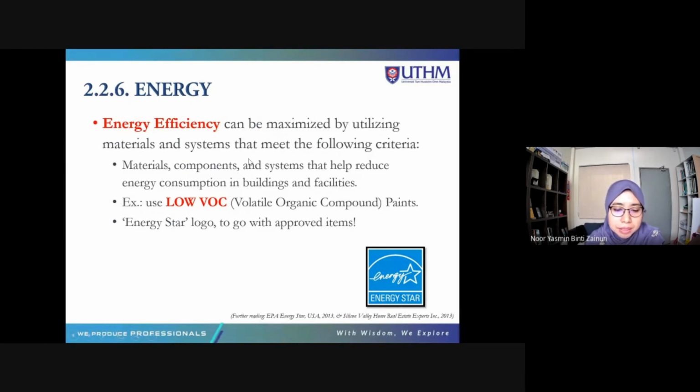Energy efficiency can be maximized by utilizing materials and systems that meet the following criteria. For example, the materials, components, and systems that reduce energy consumption in buildings and facilities. Use low volatile organic compound paints. Okay. Energy Star yang tak ada toxic, dia ada tu.